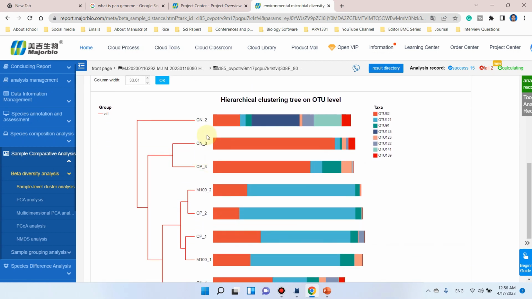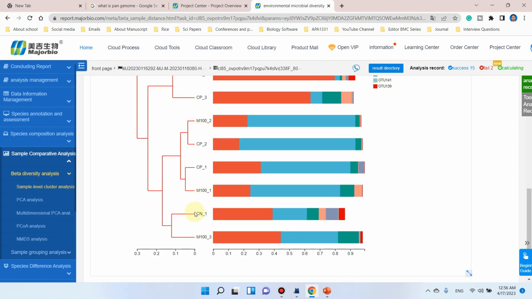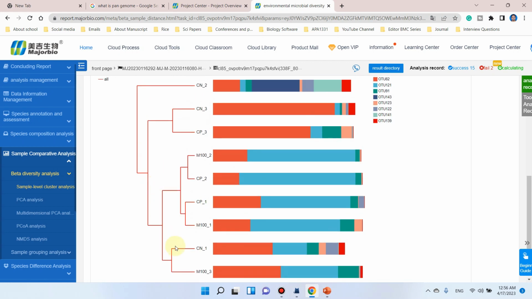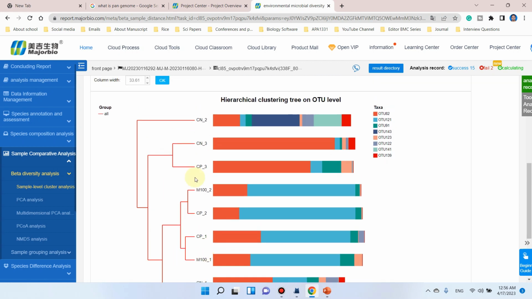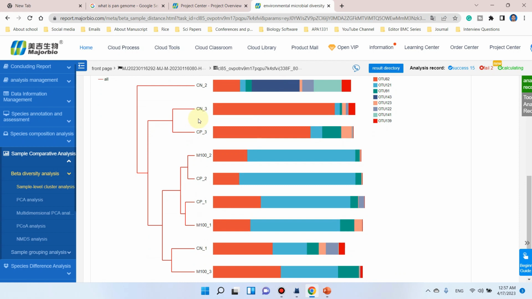Just as a quick note, did you notice an odd thing in this analysis? You can see the control negative 2 and control negative 3 are majorly under one clade. But if we find control negative 1, it is showing a very different clade. So probably while performing the experiment, the students made a sampling mistake.